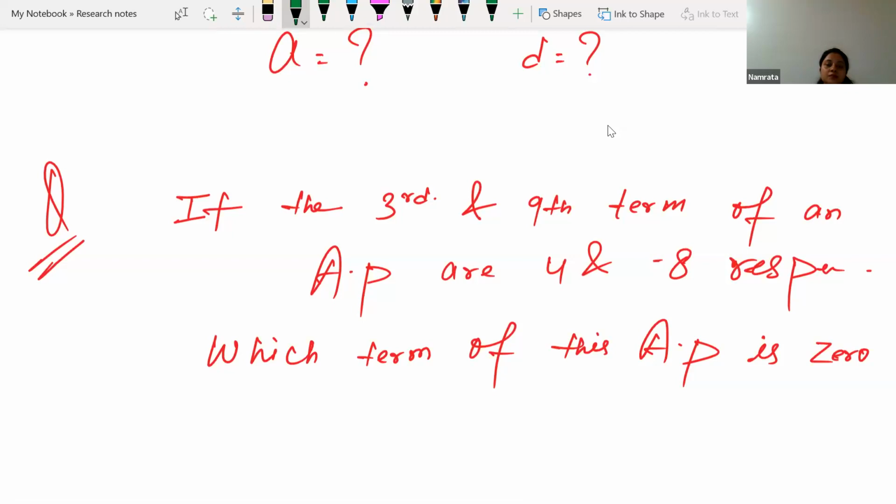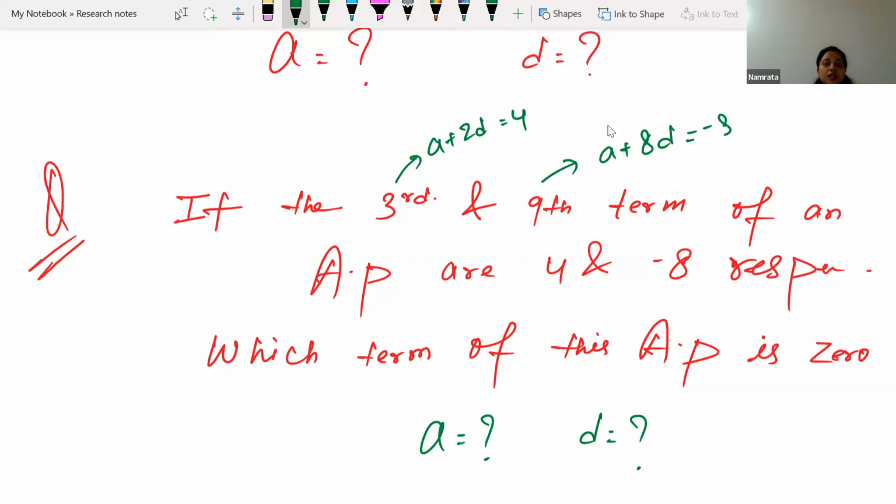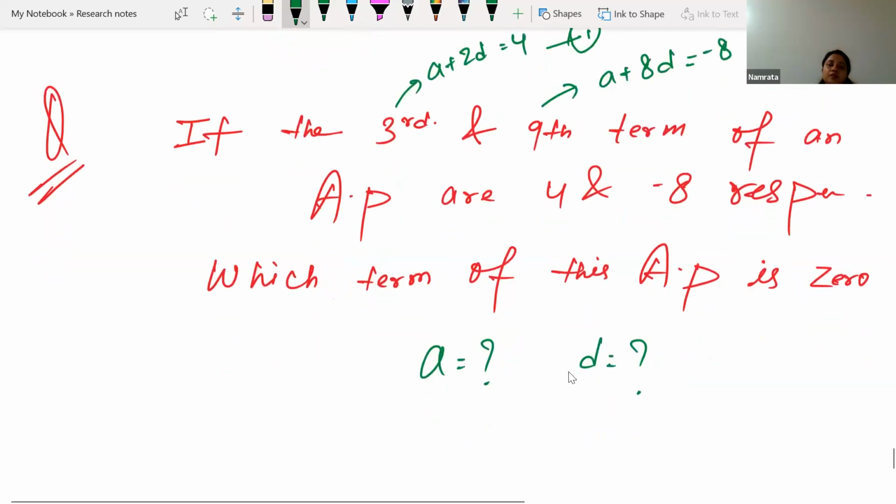We have to eliminate and find out A and D. A and D first we'll be finding out with the help of two equations, that is A plus 2D is equal to 4 and A plus 8D, 9 minus 1, 8D, is equal to negative 8. We'll be finding A and D, and then which term of this AP is 0.